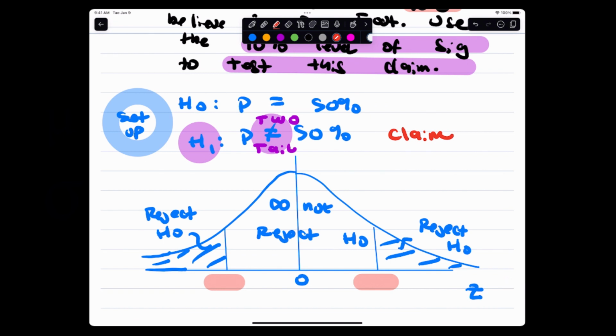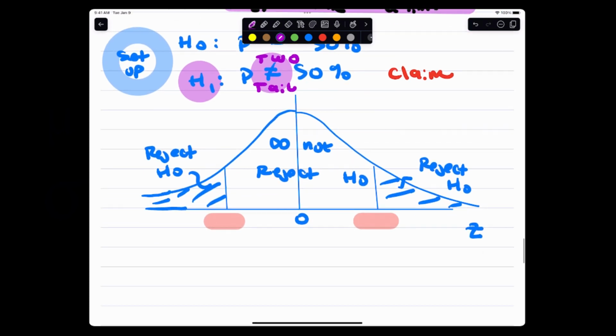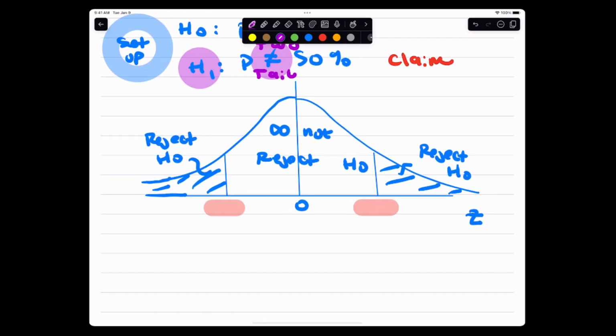Isn't this step 2? Yes, this is step 2. It's your decision rule, but remember, what's alpha? Alpha's 10%. If you have two tails, what does that mean? 5% is in the left, 5% is in the right. Okay, you guys okay with that?